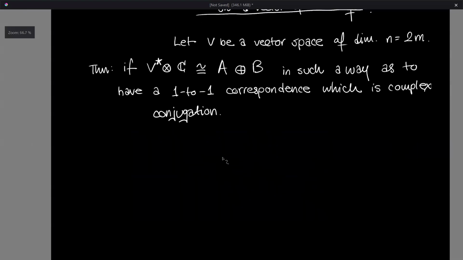Right, let's continue. So they're not just A and B, right? They're very specific spaces, and we name them such because they're related by conjugation.